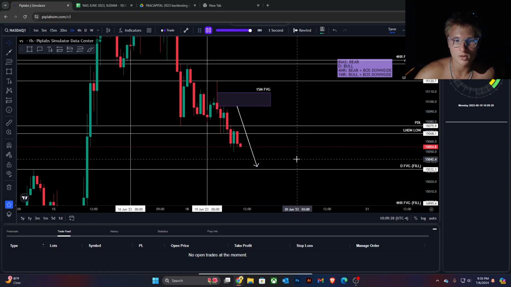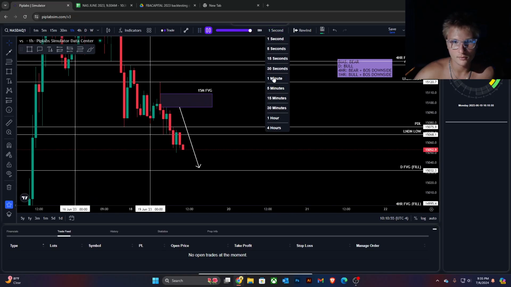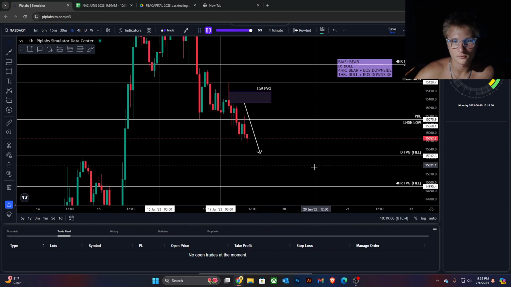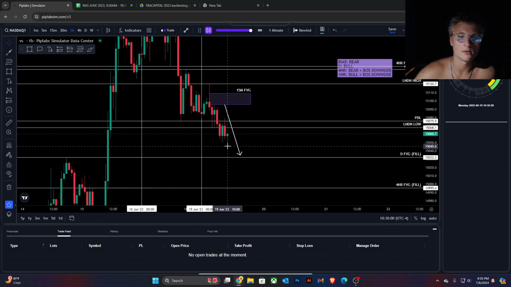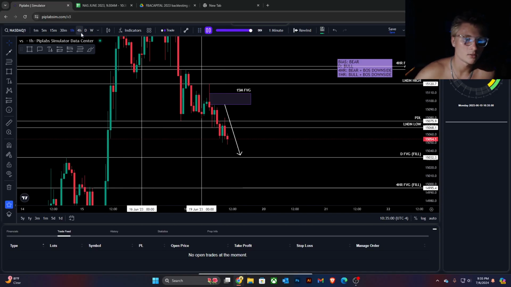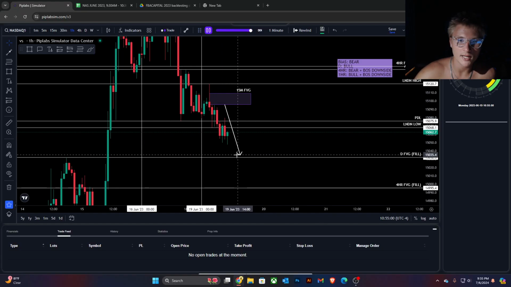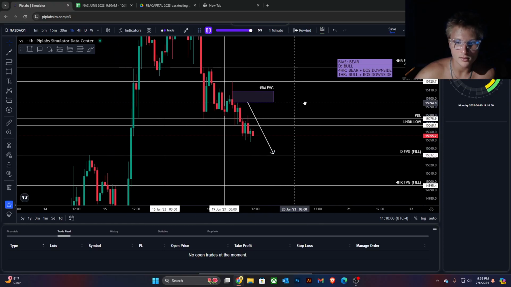That's the main thing I want to see right now. If I get my bias right, then I'm happy. Especially in tough conditions like this where we had a 4-hour closing bearish, previous daily closing bullish, previous 1-hour was bullish here. So if I could see a move down, that would be nice. But right here, nothing really happened here.